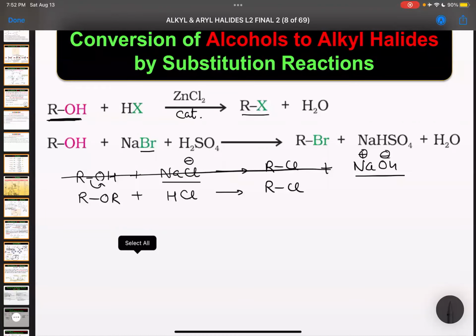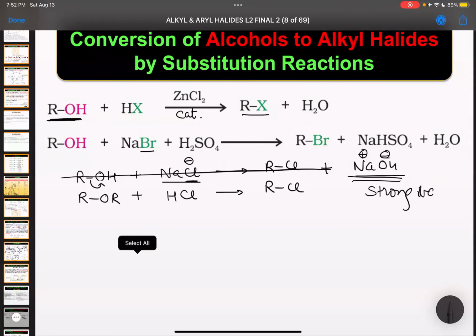Cl minus is very stable. We eat a lot of salt in our food, so Cl minus doesn't harm us. NaOH is very strong, a very, very unstable compound, a very strong nucleophile. So how can you expect a stable chloride ion to come and push away a group which is very unstable, which is a very strong base?